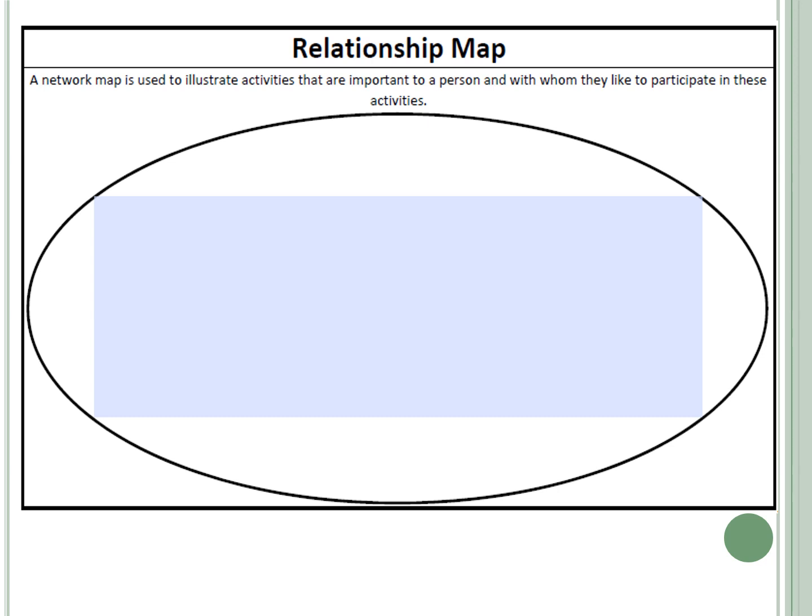It could be a family member that they talk to every day on the phone. So this is just going to create this network of all the people that really help the person seek out the activities that they most value and be a really fully participating member in society.